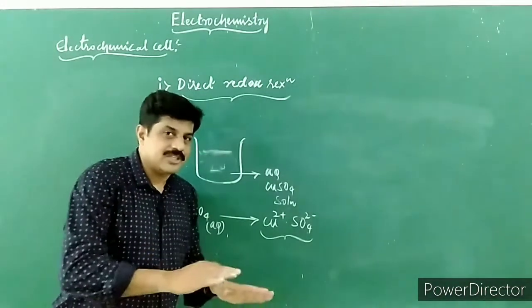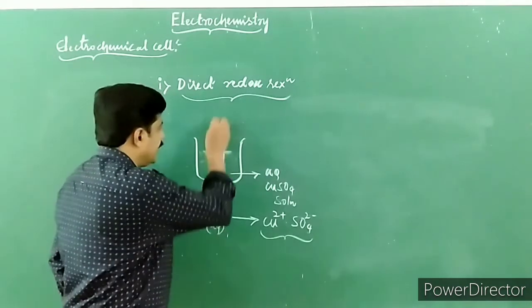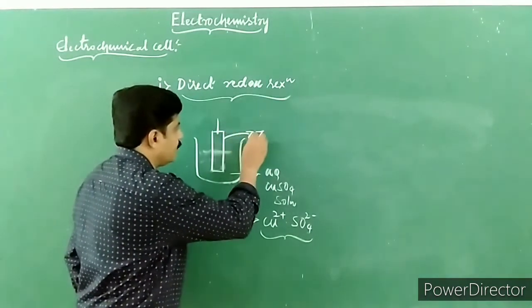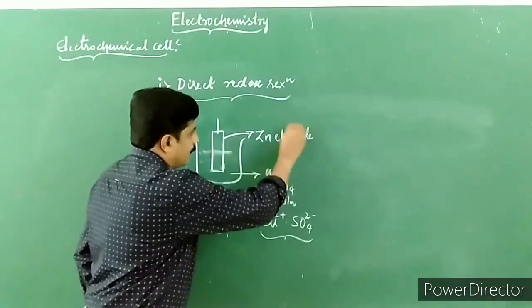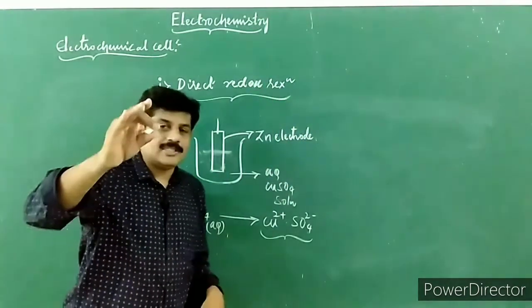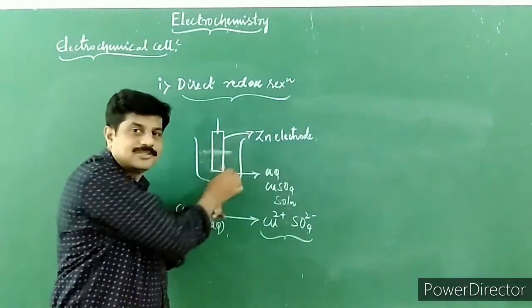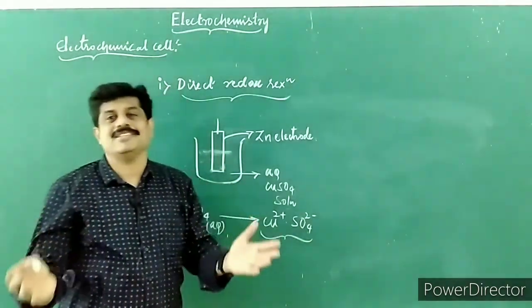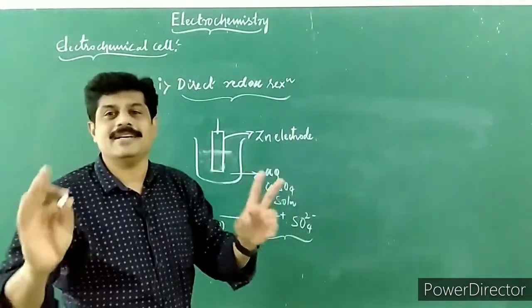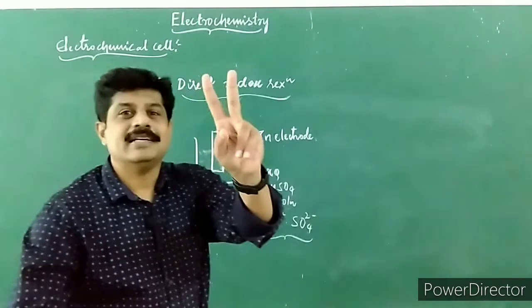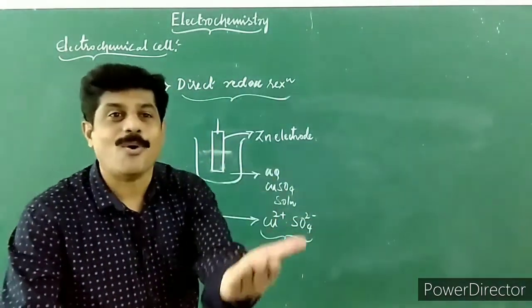Children, at this juncture, what do I do? I insert a zinc rod into the copper sulfate solution, which acts as a zinc electrode. As soon as I insert a zinc rod into copper sulfate solution, we observe some changes. One, the blue color of the solution disappears. Second, the zinc rod loses its weight, that means it gets dissolved.